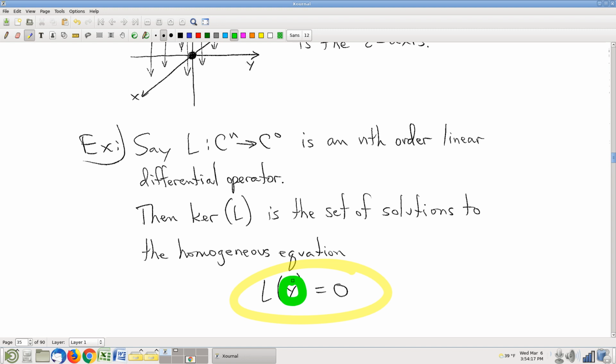What are these things that you put into this linear transformation to give you 0? We've seen this equation before. The way we described this equation back in chapter 4 was, what are the solutions to the homogeneous differential equation? So in this case, when you're talking about a linear differential operator, kernel means homogeneous solutions. Okay, so again, it is a familiar example.